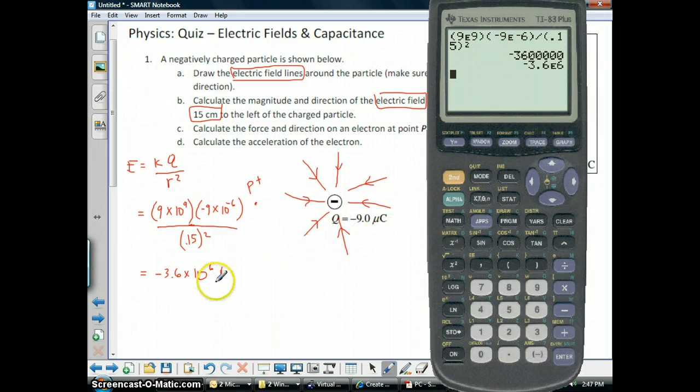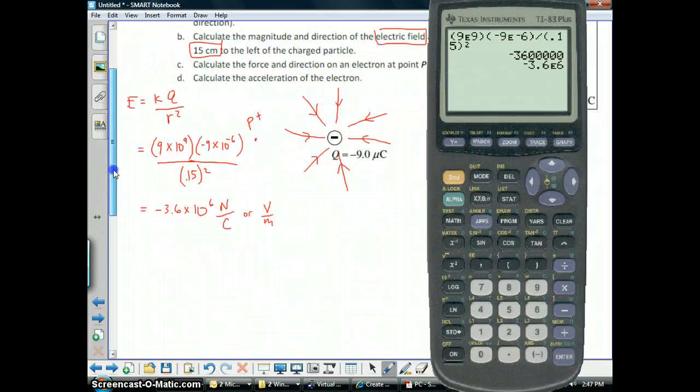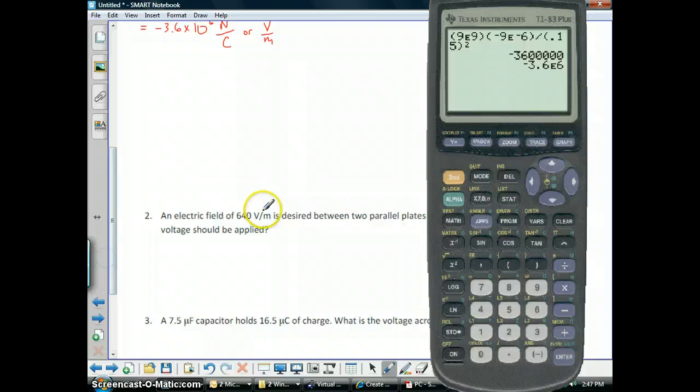Oh, it's not newtons, it's electric field, so the units for this are newtons per coulomb, or you could even have volts per meter. As you can see later in the problem, it asks for volts per meter in electric field. So you can use either of those.